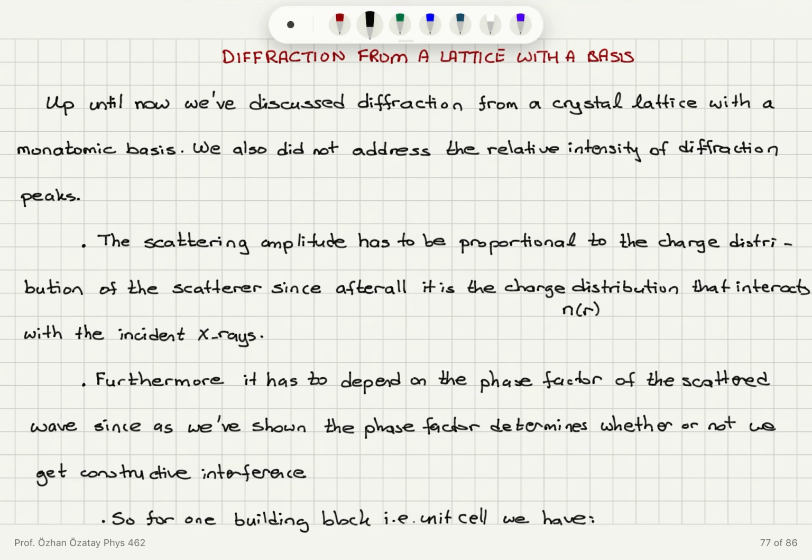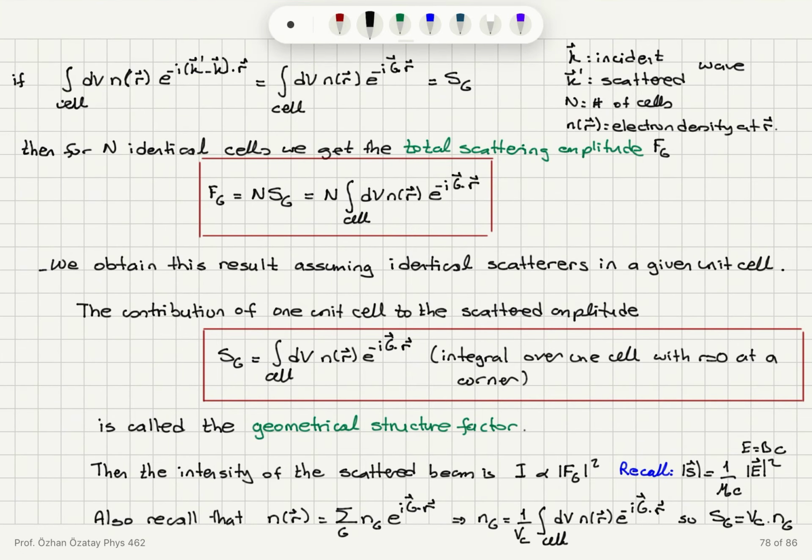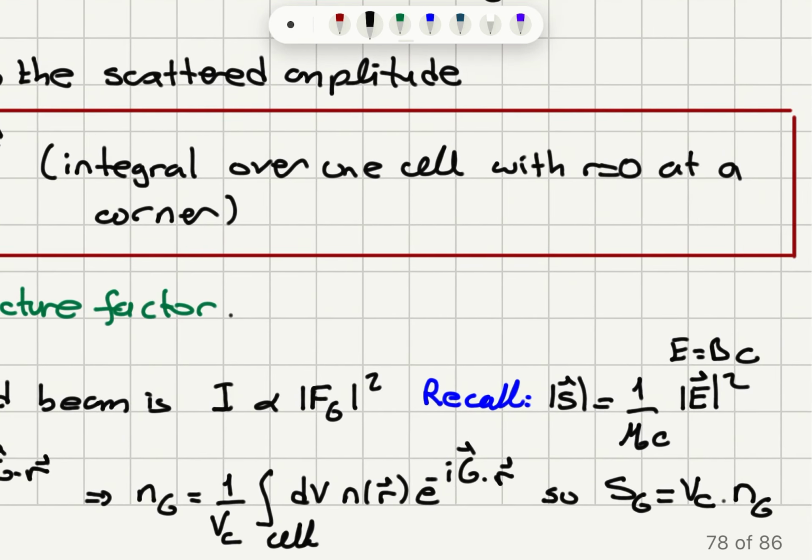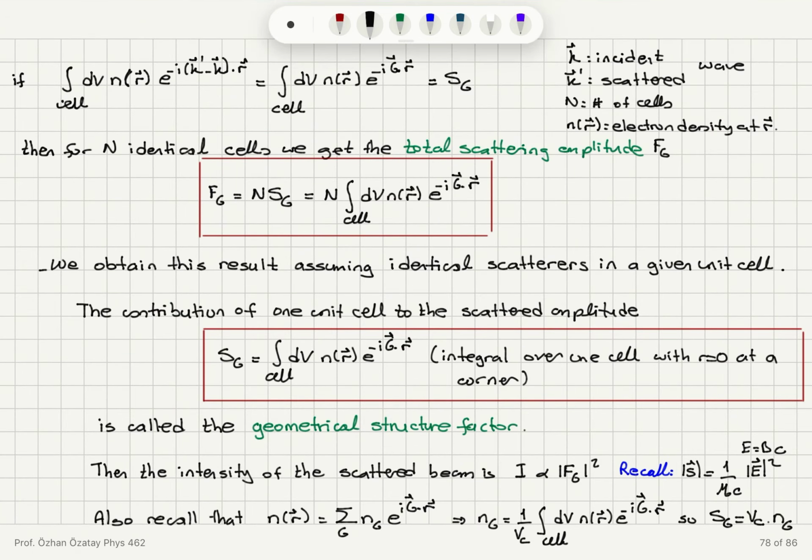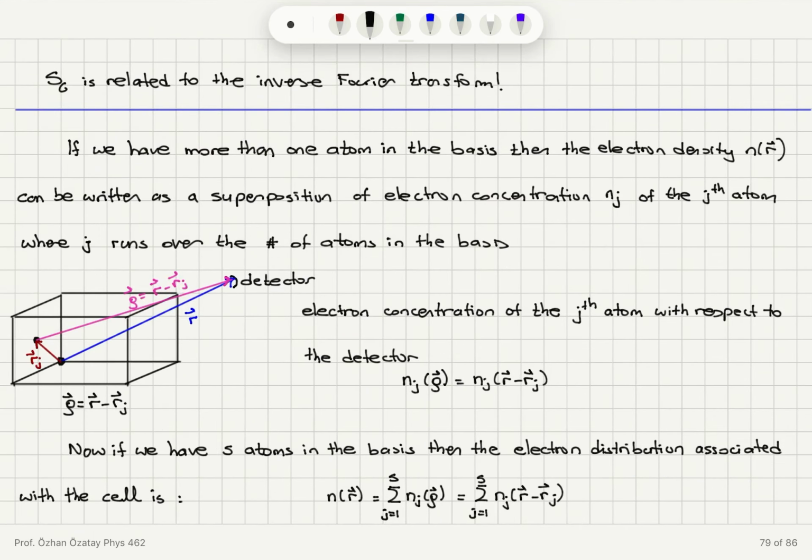The geometrical structure factor, on the other hand, is related to the periodic structure of the electron concentration, and it is the volume of the unit cell multiplied by the Fourier coefficients of the electron concentration, and the intensity is determined by the absolute value of Fg squared, which is basically telling us that the intensity is determined by the total scattering amplitude.